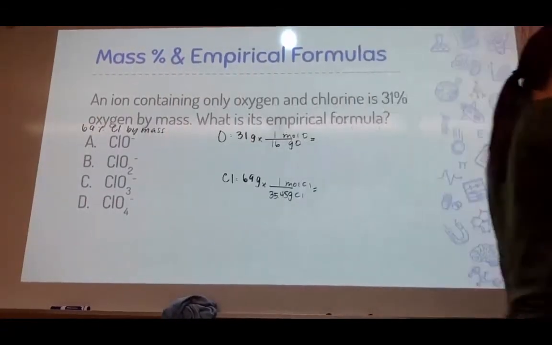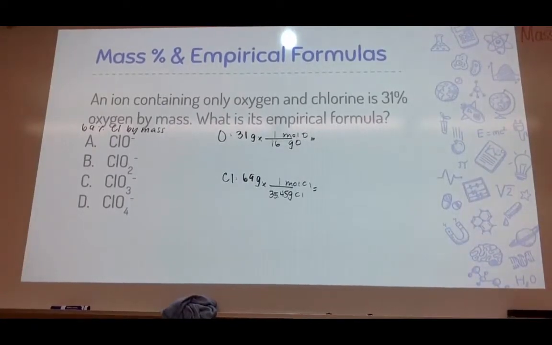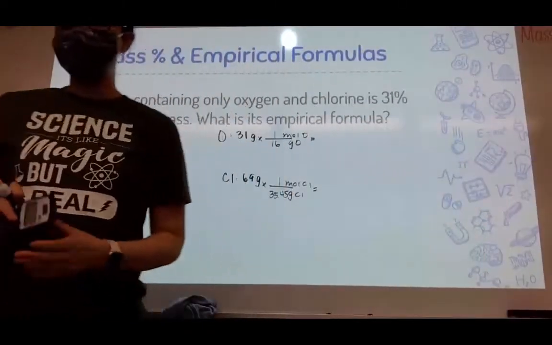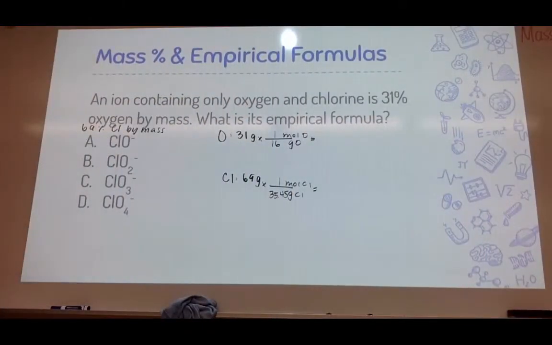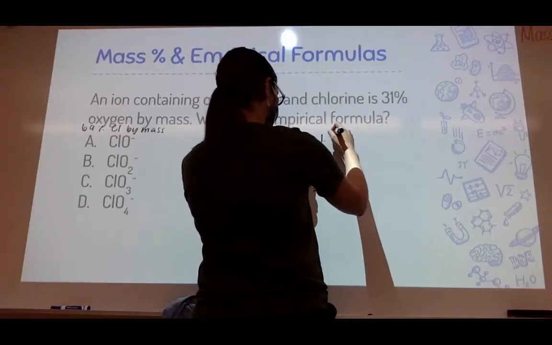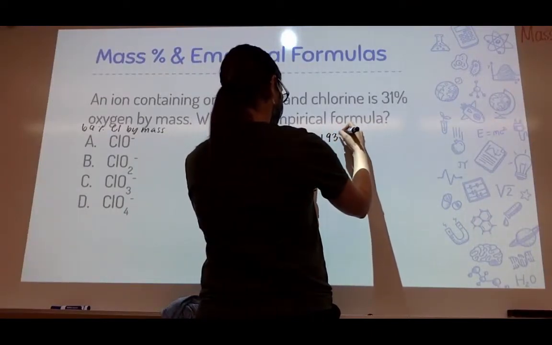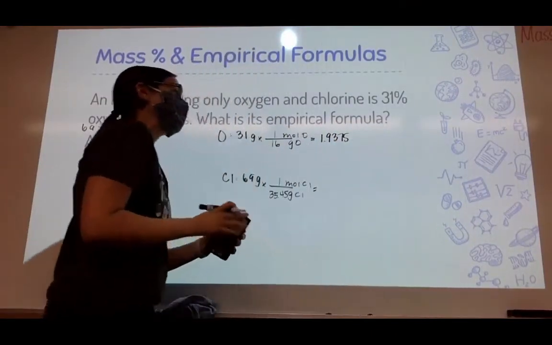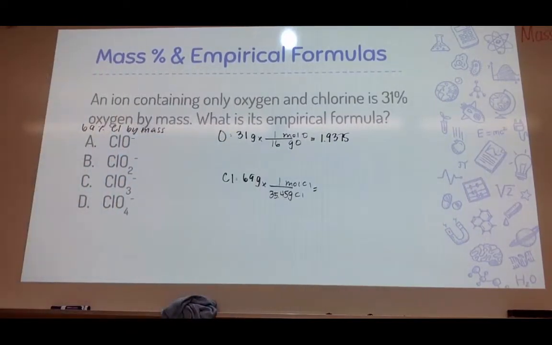Now, here's a thing that I want to make clear with doing empirical formula problems. Be careful to not round your answers too soon. So when I do 31 divided by 16, I'm going to actually write out this entire number, 1.9375. If you round too soon, so if you were to just put 1.9 here, you could actually get a lot different numbers.